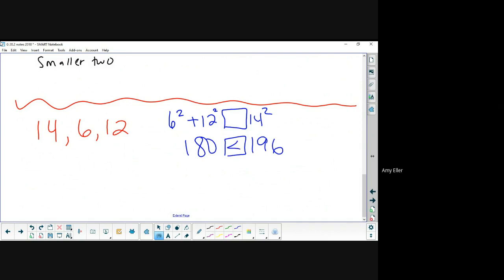What kind of triangle will this be? Obtuse. That's really all the work you have to show.